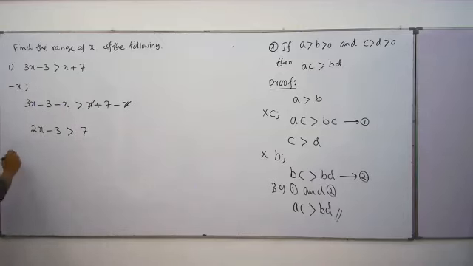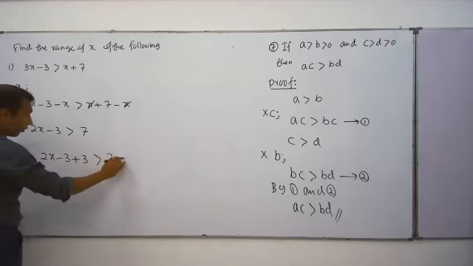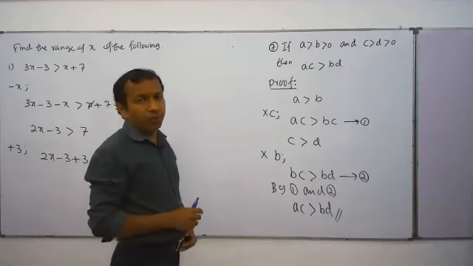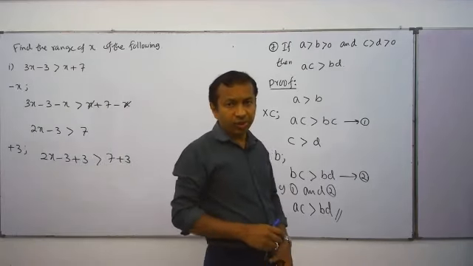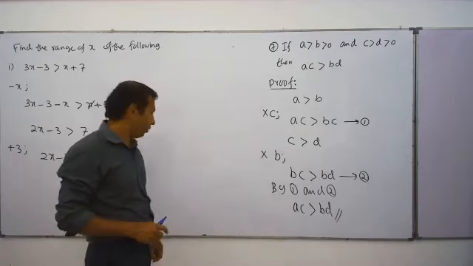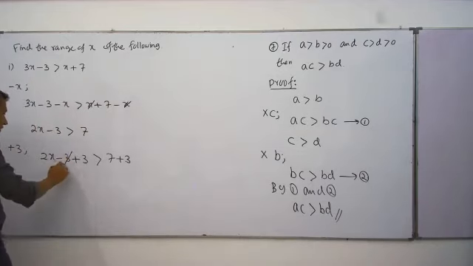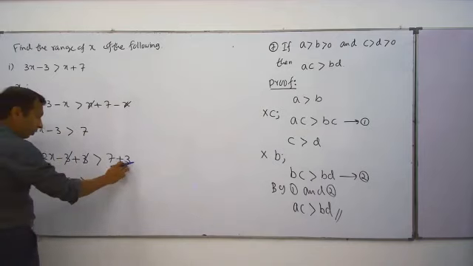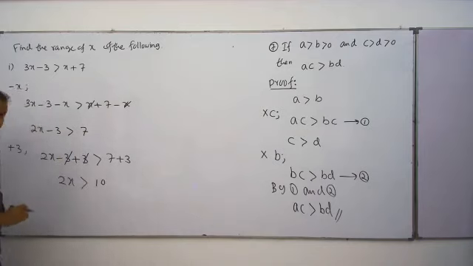Then I add 3 to both sides: 2x minus 3 plus 3 greater than 7 plus 3. We can add the same value to both sides of an inequality, and the direction won't change. Then minus 3 and 3 cancel. We get 2x greater than 10. Now we need to find x, so we divide by plus 2.